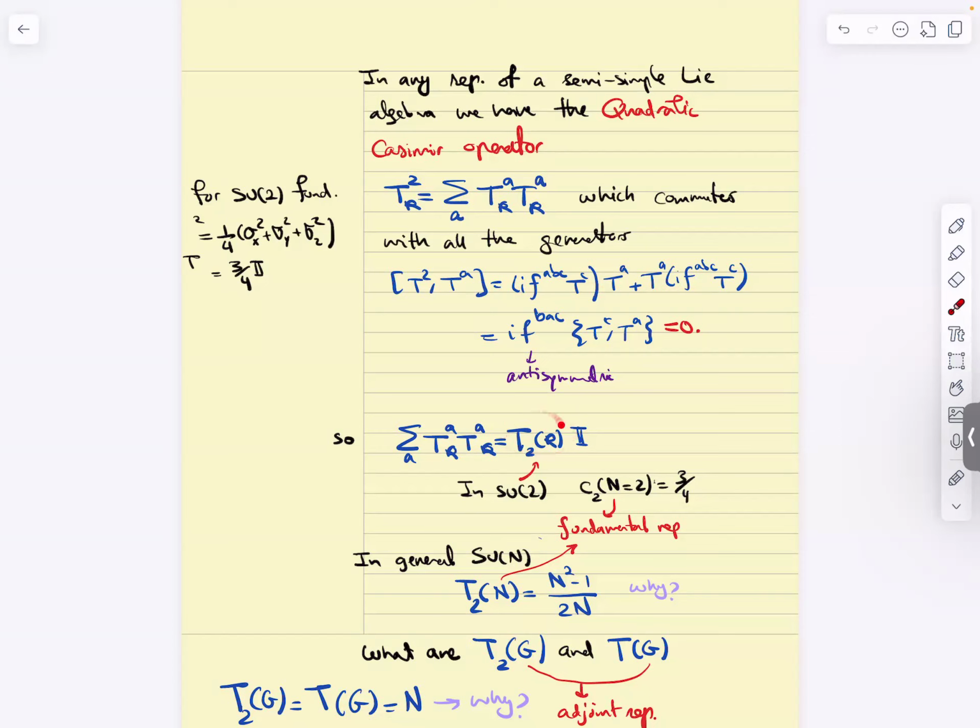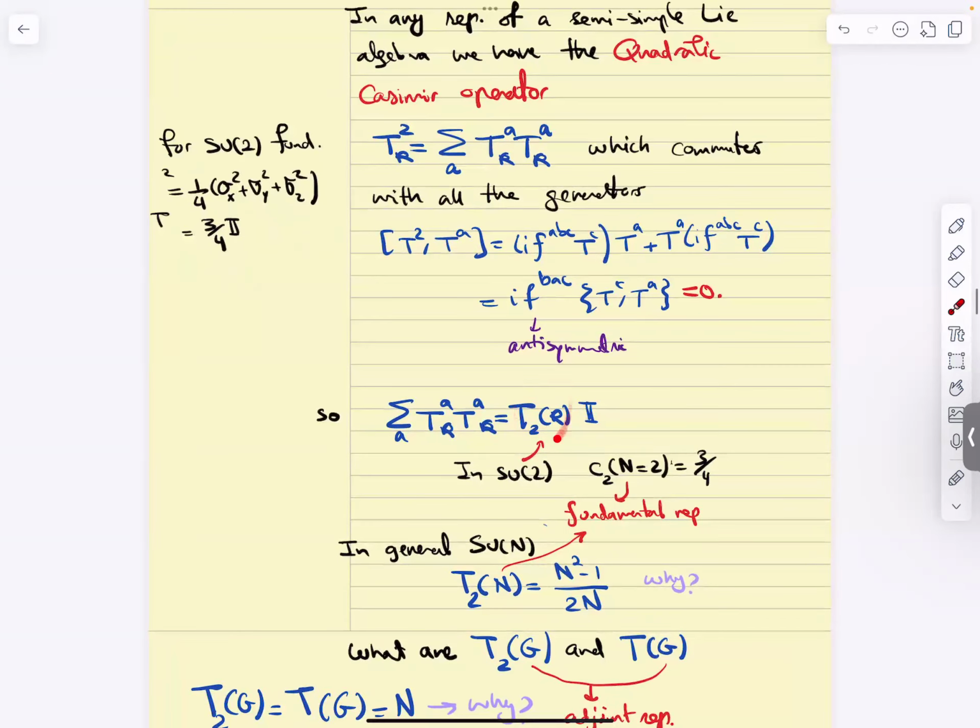Now, what is that constant? That's another parameter in SU2 or SU(N), in the group. I'm sorry, I think I call it C2, sometimes I call it T2, right? So we determined that this guy is proportional to identity, but what is the coefficient of it? We call it C2 of R. This is different from T of R we just found, but intimately related. How are they related?